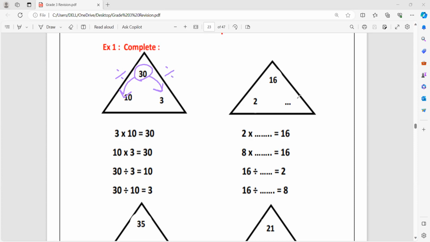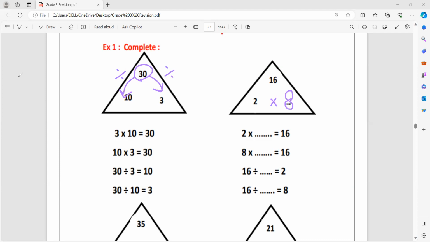Another one, here we have a missing factor. 2, a missing number, and 16. The 2 lower numbers here and here mean that we want to multiply them by each other to give me this big number, 16. 2 times what gives me 16? Yes, we have 2 times 8.